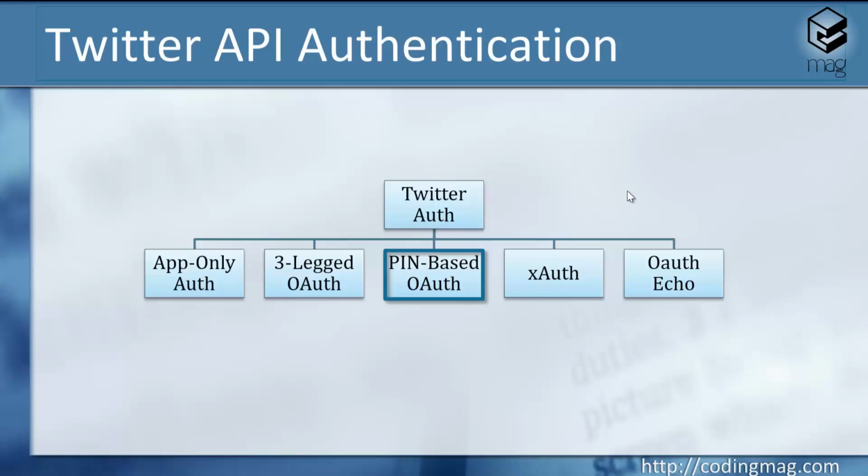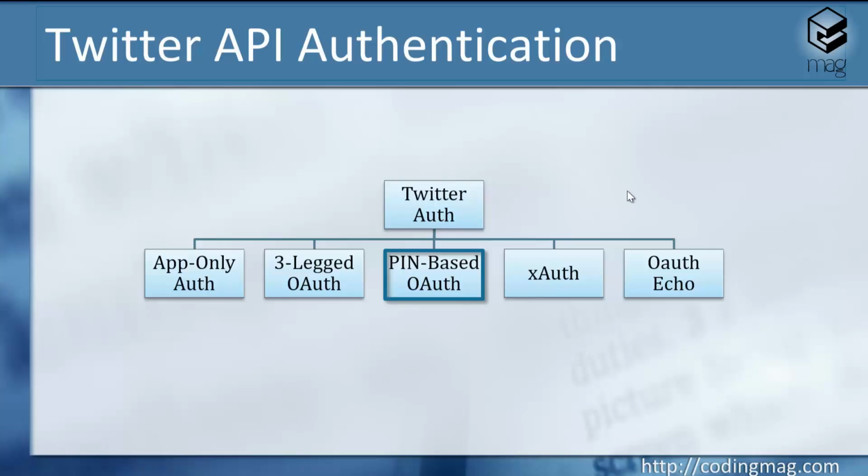The third one is pin-based authentication. The difference from three-legged OAuth is that this is basically used for console applications or Windows applications, or any kind of non-web-based applications. You provide a link to the user, or you open the Twitter URL in a browser control, and you direct the user to the authentication page.